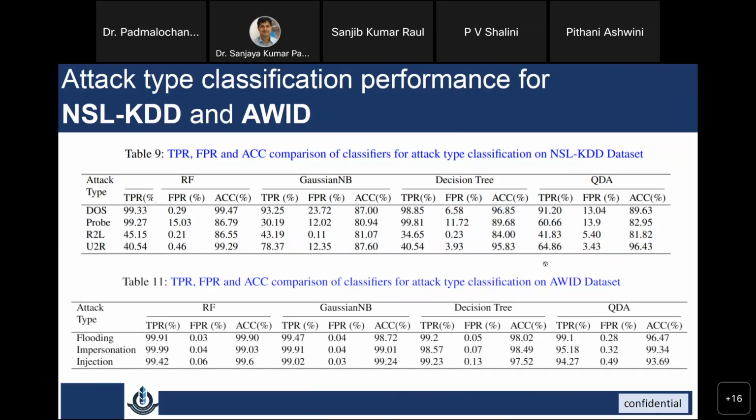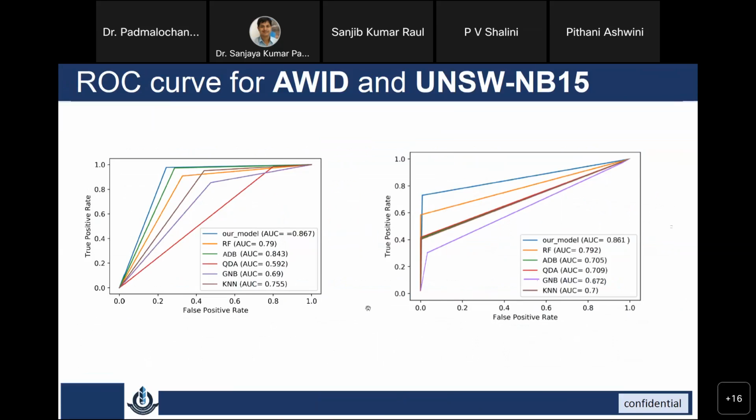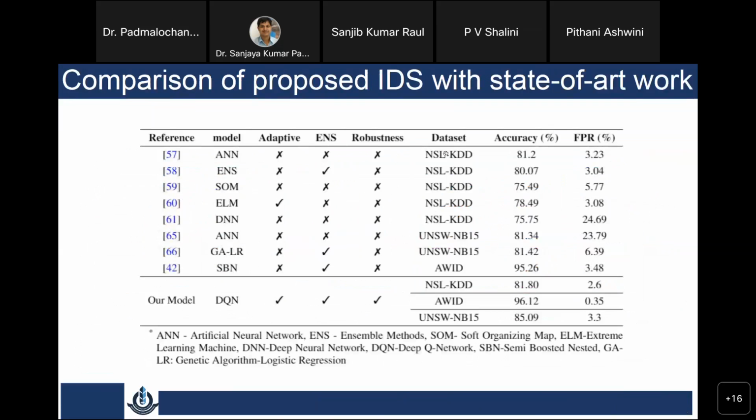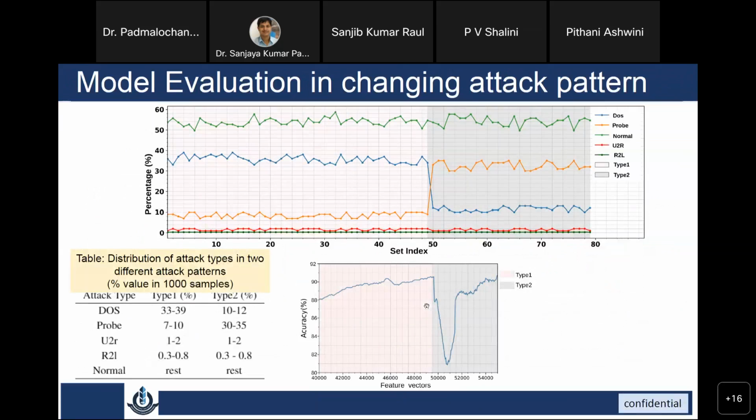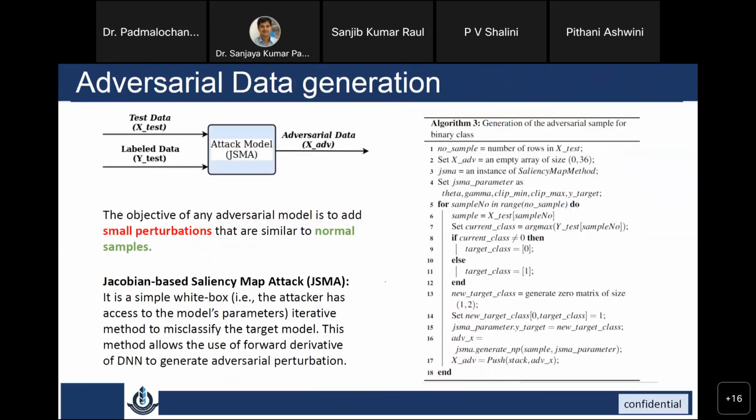Then there is a comparison with state of the art classifiers, and we observed that our model works pretty well with the AWID dataset. We have also done experimentation with adversarial datasets.